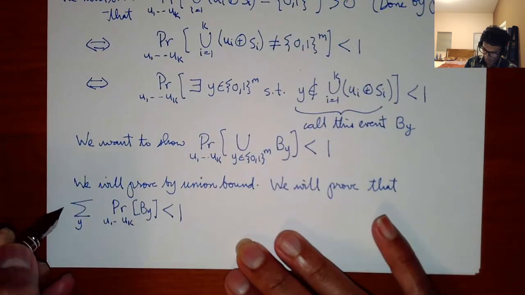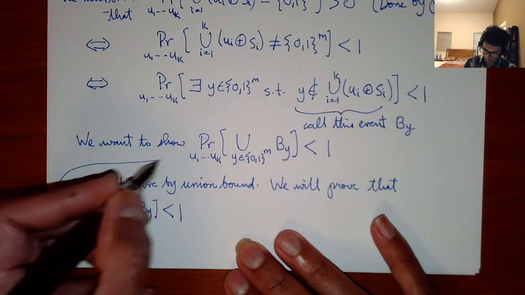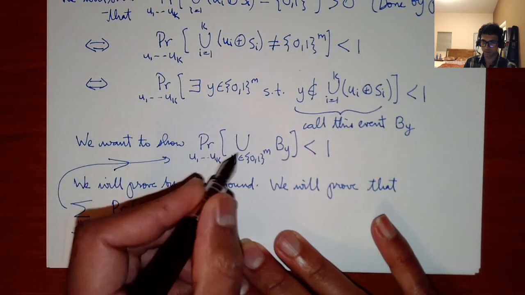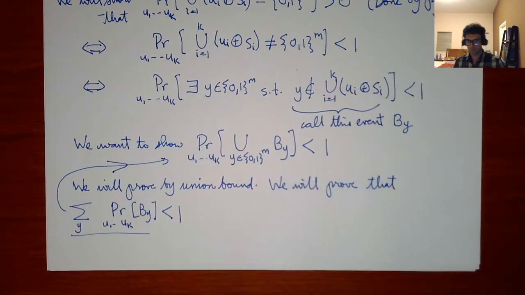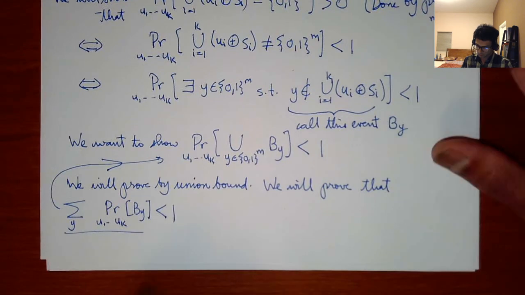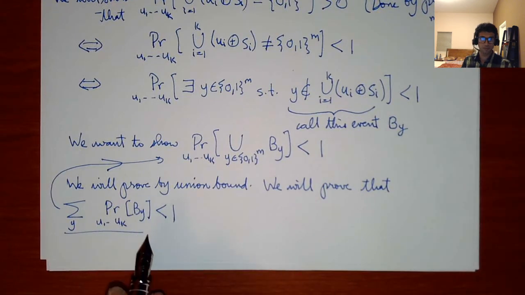By the union bound, we know that the sum is greater than the union, so we're going to prove that actually the sum of probabilities is at most 1. And this is going to be good enough.